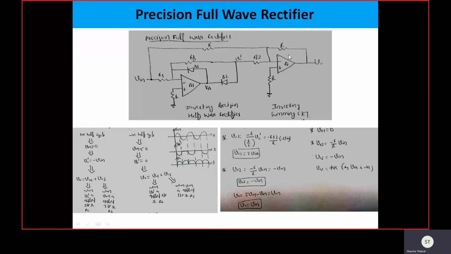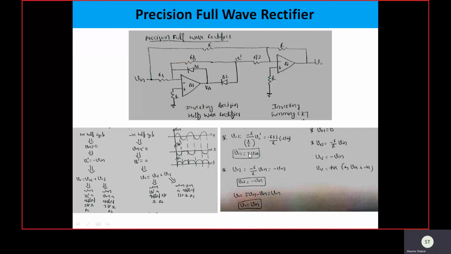That is minus of this value divided by this value, that is minus RF divided by R1. In the initial discussion of inverting operational amplifier, we considered this as R1 and this as RF. So this is gain. So V naught 2 will be minus of R divided by R into V input, so this will provide us minus of V input.